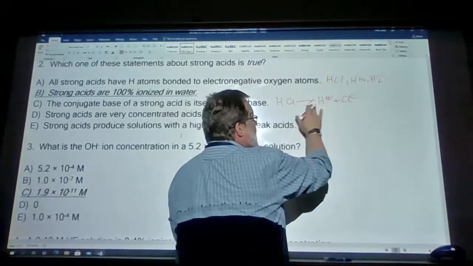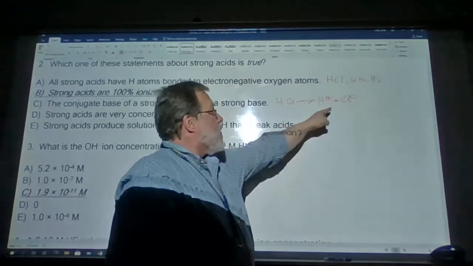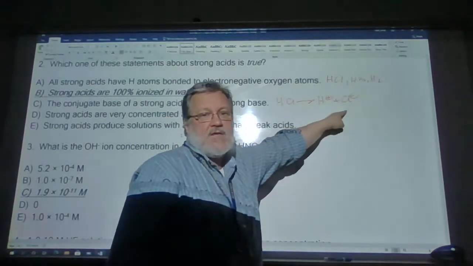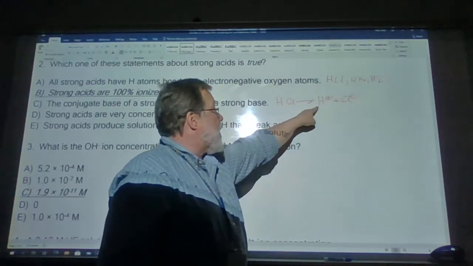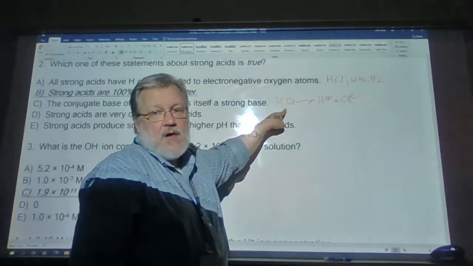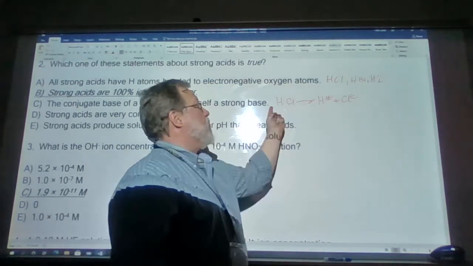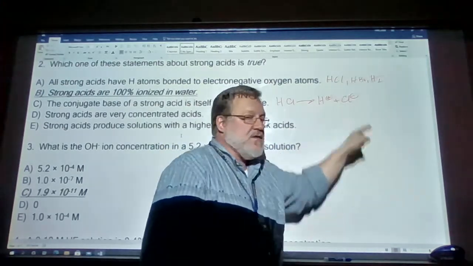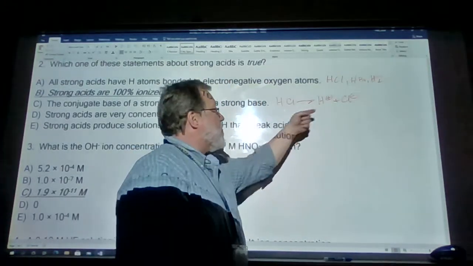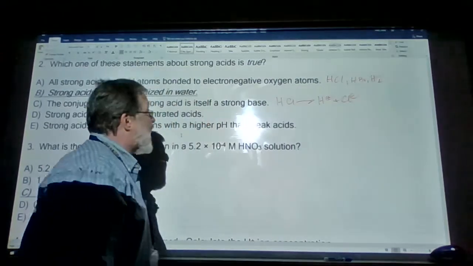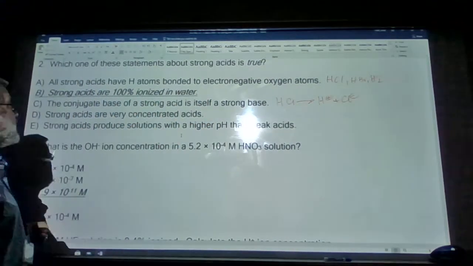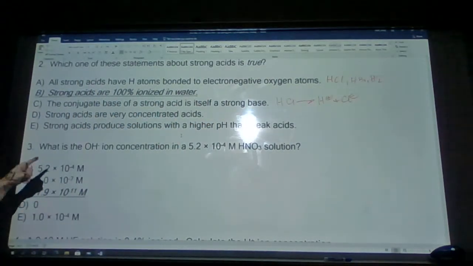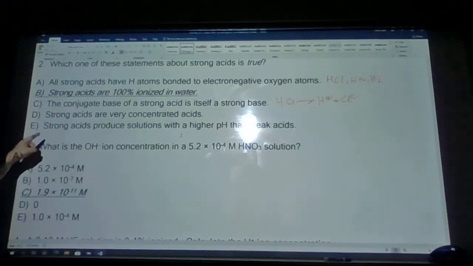But we don't do that. We write it only one way. Because if Cl minus acts like a base and picks up a hydrogen, it forms HCl. But HCl immediately goes back right to produce H plus and Cl minus. So the conjugate bases of strong acids have no tendency to act like a base.